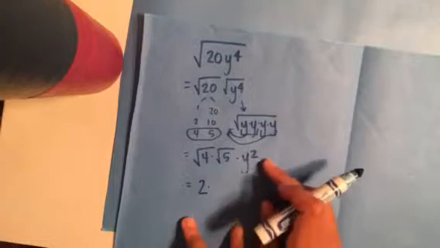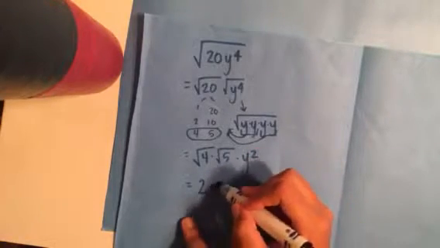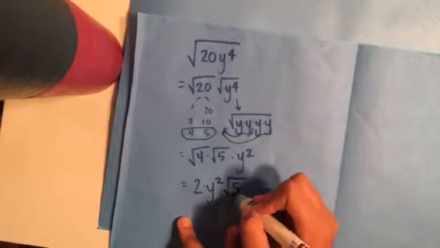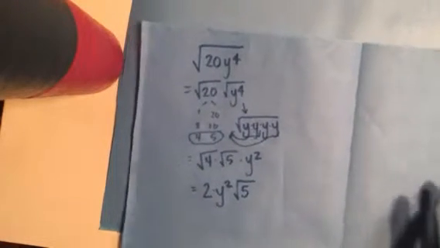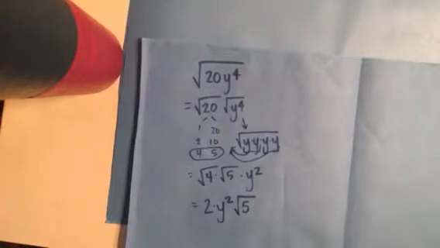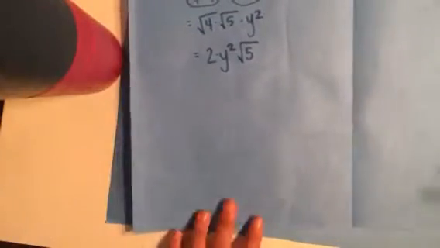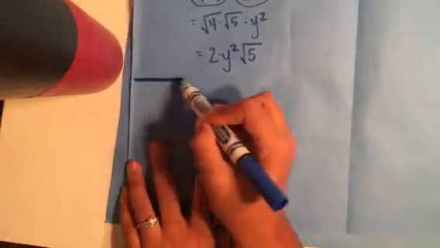And then this y squared is a coefficient. It's no longer under the radical, so we'll put it in front. Then we're left with root 5. So this process is really short and kind of sweet. It's really to the point. So it's something that we just have to practice a lot of. The understanding can come along with a lot of practice.